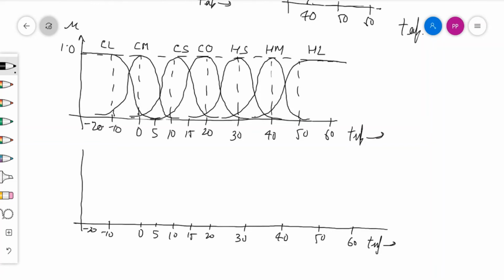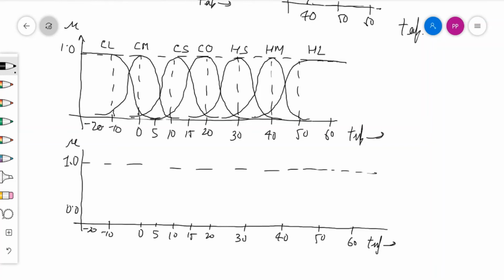Once we start, we have the normalized value of the membership function, with the starting point 0.0 to 1.0.